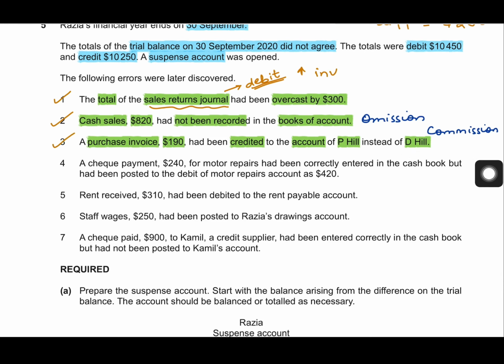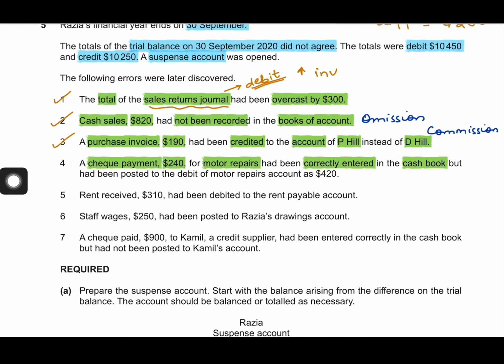Error number 4 says a check payment 240 for motor repairs. Okay, so a check payment for motor repairs, what should have been the double entry? A check payment, right? So bank account will be credited and motor repairs being an expense should have been debited. But what happened over here was it had been correctly entered in the cash book. Very good.